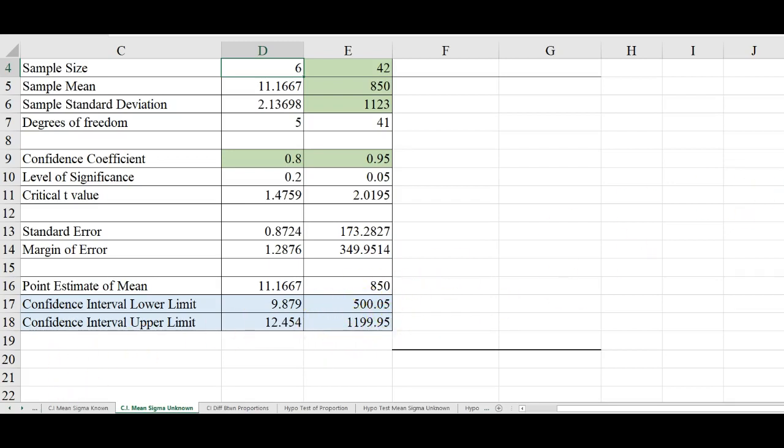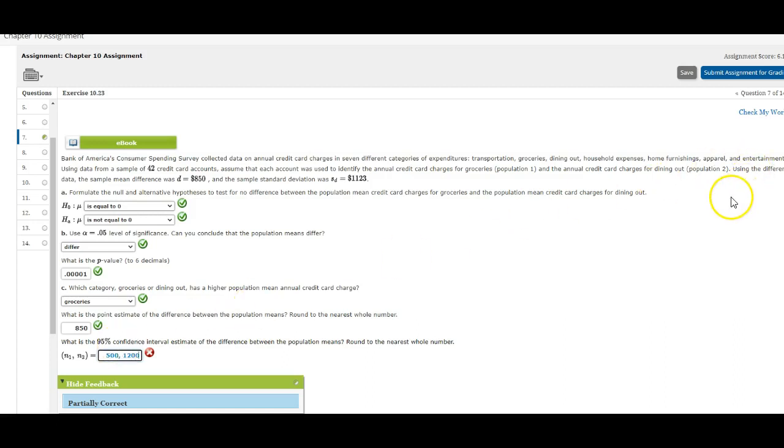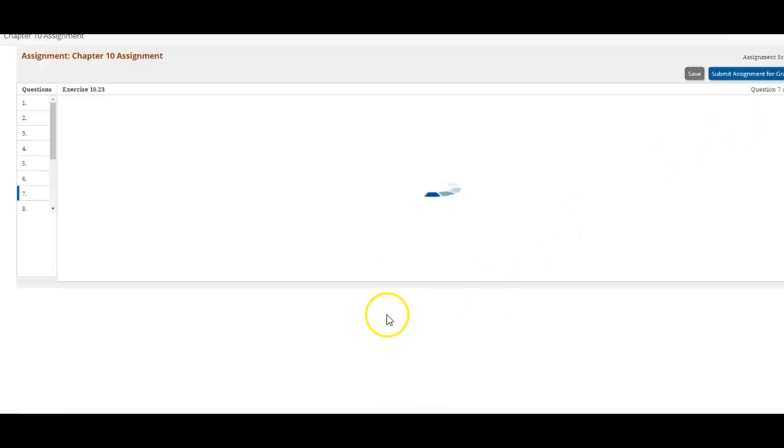But I have tried it different ways, and I can't get it to take either. So there must be something different about the way this particular author wants this input. Because I believe the answer should be 500 to 1200. But that's going to be marked wrong.